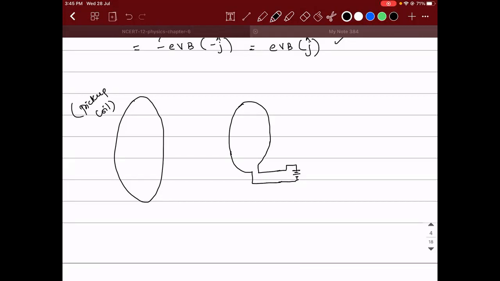Now, as this coil is moved towards the pickup coil, what will happen? There will be a change of flux taking place. And due to the change of flux, what will happen? EMF is induced. This is what is going to happen. This is a known fact. Now, I have a question.